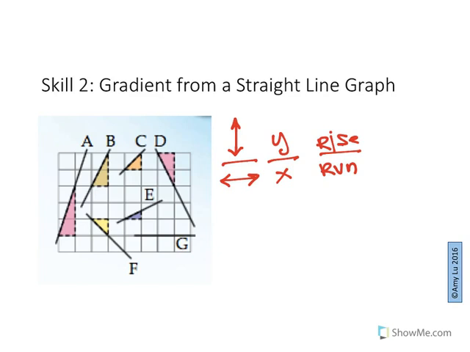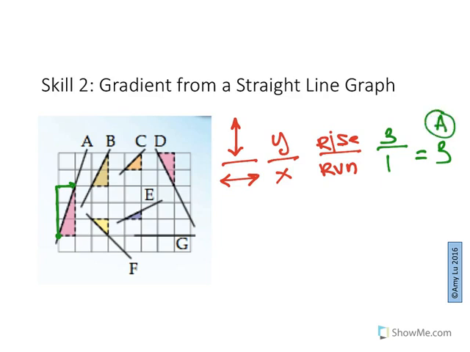If we look at line A, starting from a coordinate that I can see on the line, so this one is a pretty solid coordinate, I have to go up 1, 2, 3. So I rose 3, then I ran 1. So my gradient for line A is 3.